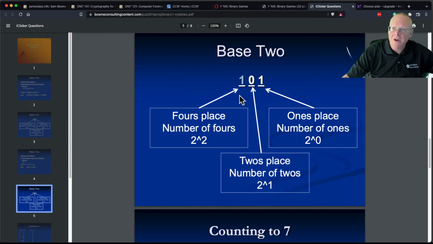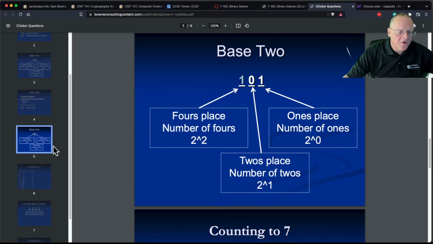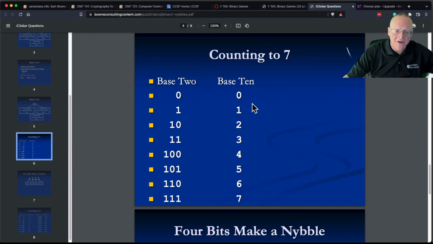So this number is 5: it's a 4, no 2, and a 1, so 4 plus 1 is 5. You can count to 7 with 3 bits. 0 is 0, 1 0 is 2, 1 1 is 3, 1 0 0 is 4, that's a 4 and nothing else, and 1 1 1 is 7, that's a 4, a 2, and a 1.